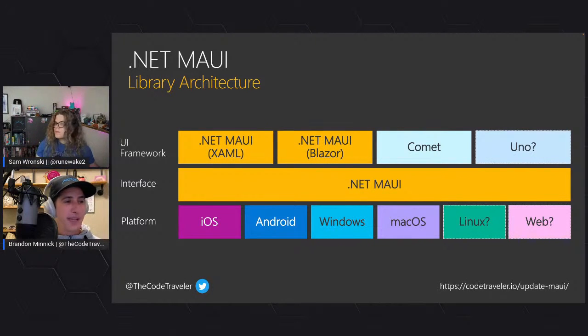So you may have heard there is a way to use your Blazor knowledge on .NET MAUI too. So I mentioned this .NET MAUI XAML. That's very similar to Xamarin Forms XAML for those of you who are familiar with it.